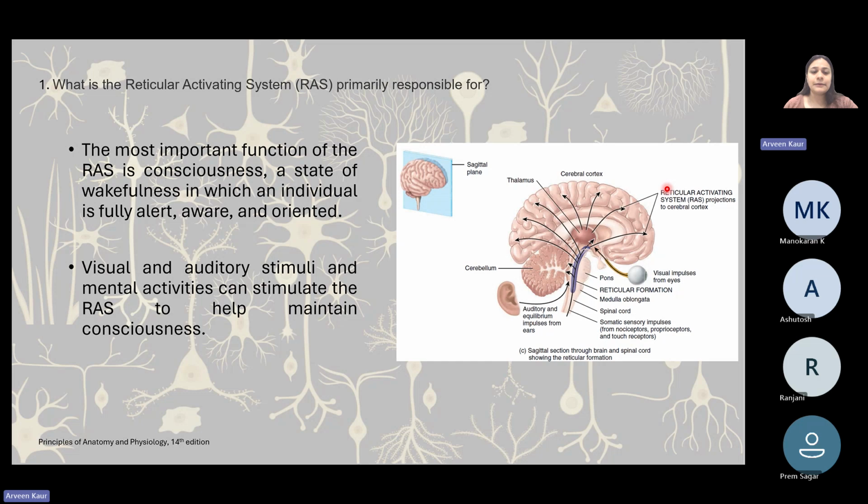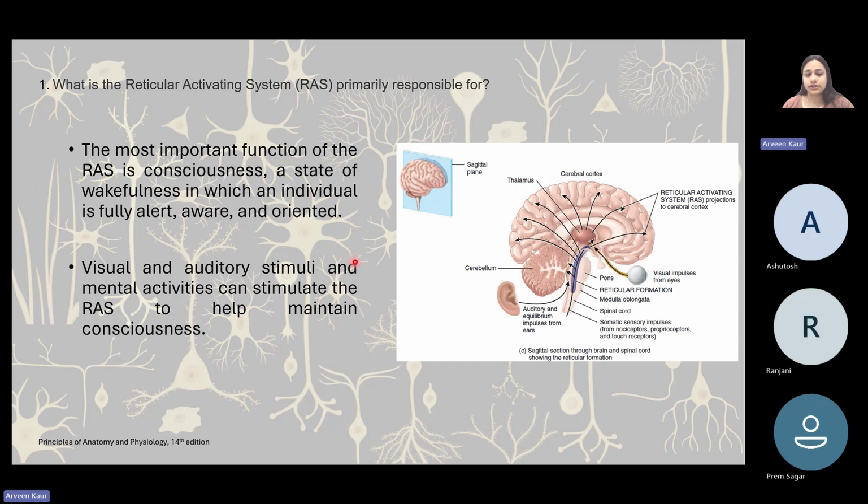The most important function of RAS, which is what the question is based on, is consciousness, which is a state of wakefulness in which the individual is fully alert, aware, and oriented, right? Visual and auditory stimuli and mental activities can stimulate RAS to help maintain consciousness.